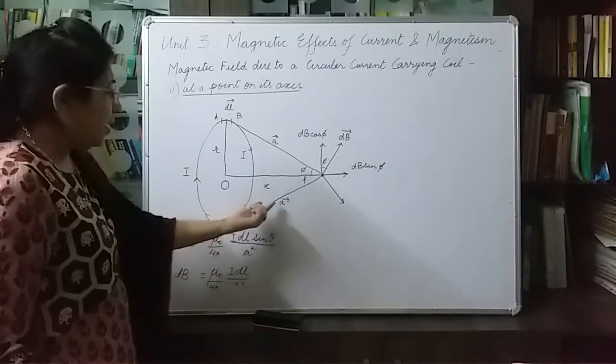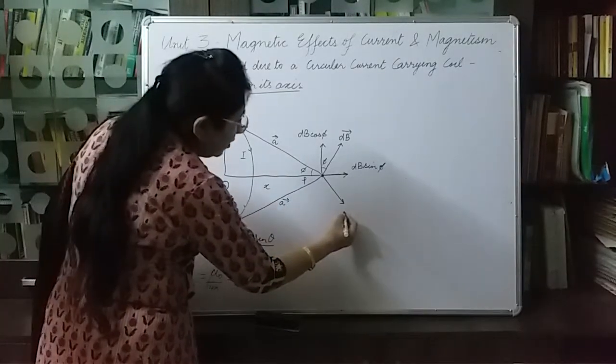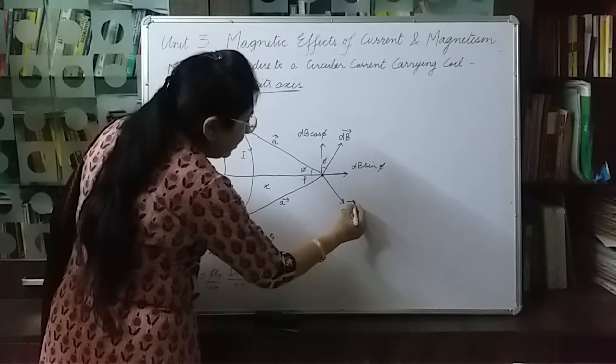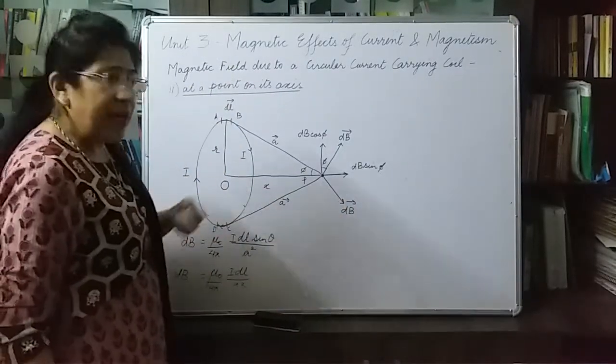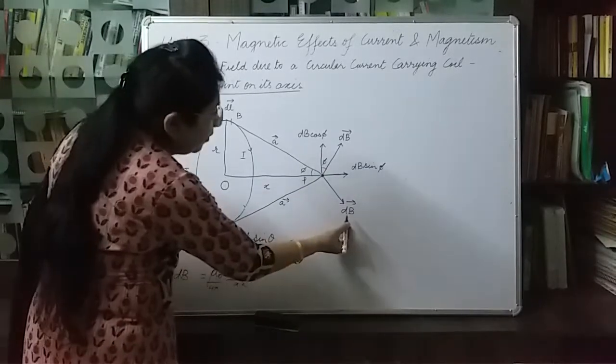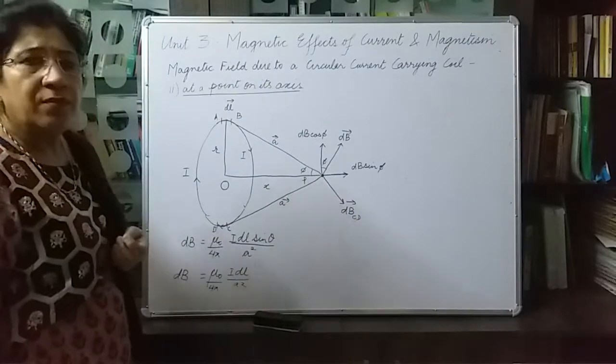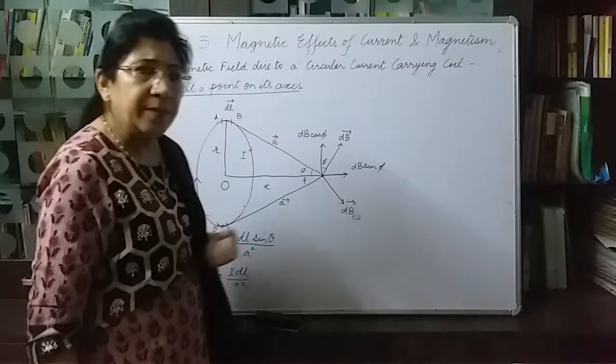Since the vector dB is perpendicular to the position vector at all times, it will be here. We can resolve this also. This is the magnetic field due to the current element CD.